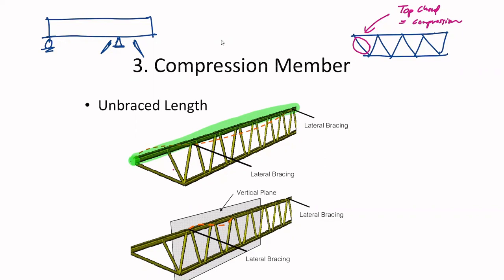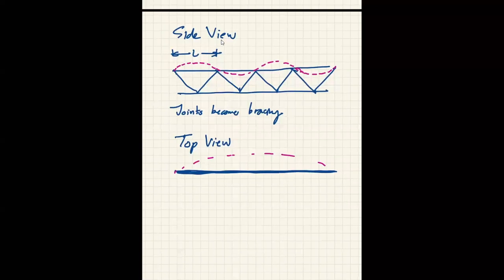It's just one long member to form this, and then you join the webs to form a truss. So without any brace, this top chord member, its entire length will become the unbraced length. Horrible, because generally a truss is a very long member.